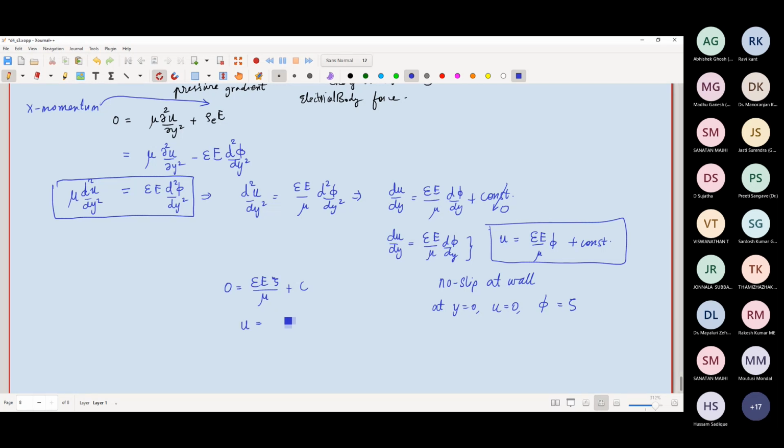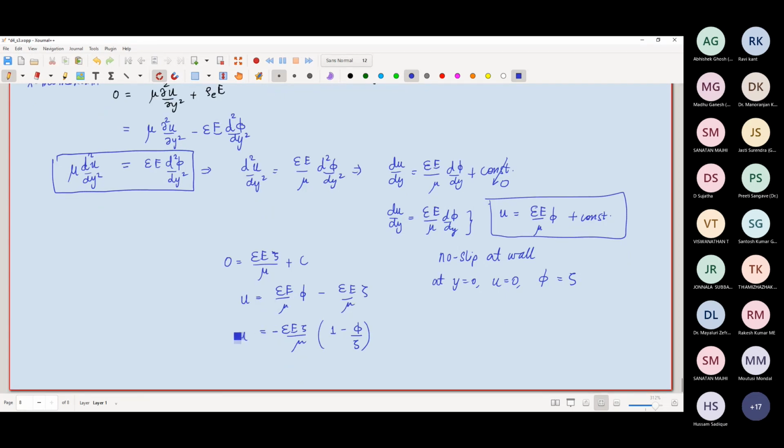Therefore, u can be written as epsilon e over mu phi minus epsilon e over mu times zeta. So we have minus epsilon e zeta over mu times 1 minus phi over zeta. This particular velocity profile is called the electroosmotic velocity profile.